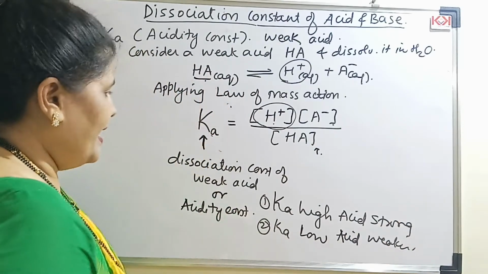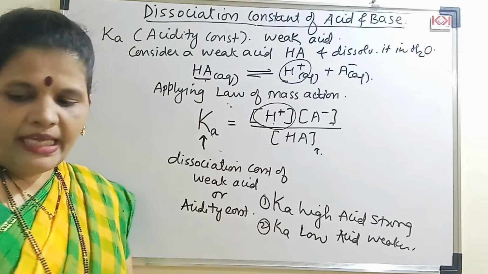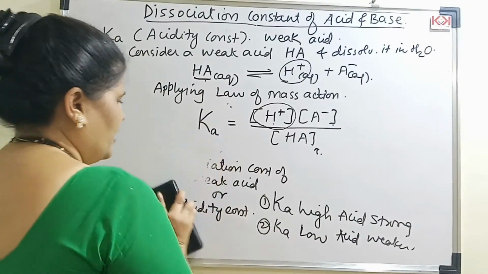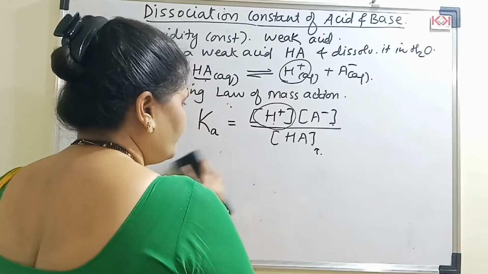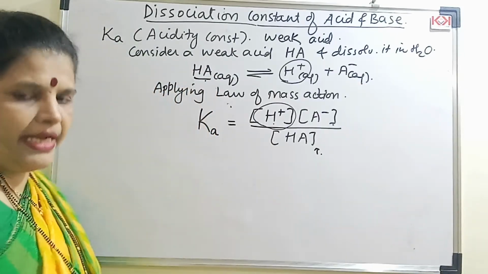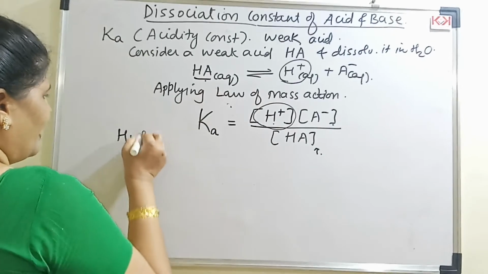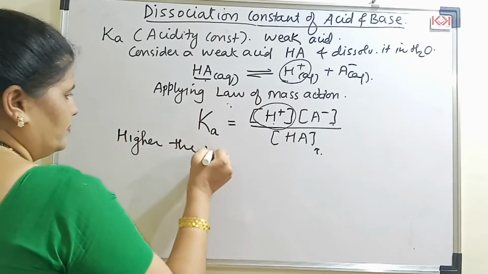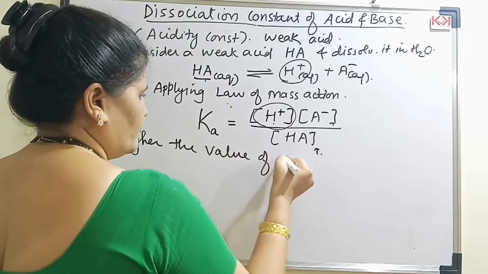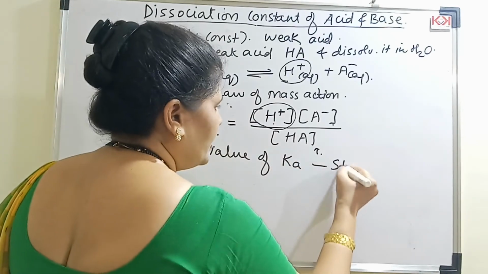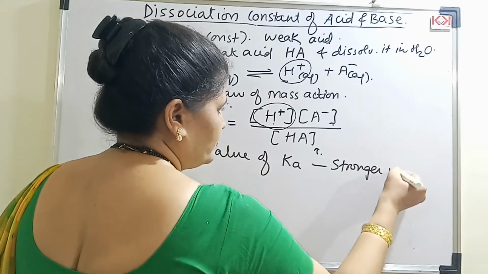So can I say that the higher the value of Ka, the stronger will be the acid. Higher the value of dissociation constant or acidity constant, stronger is the acid.